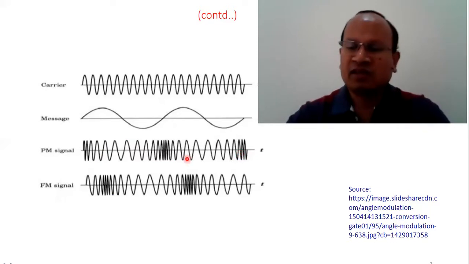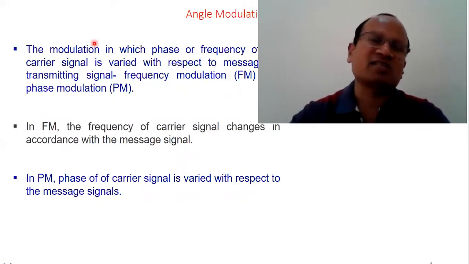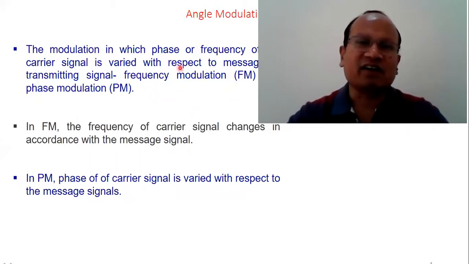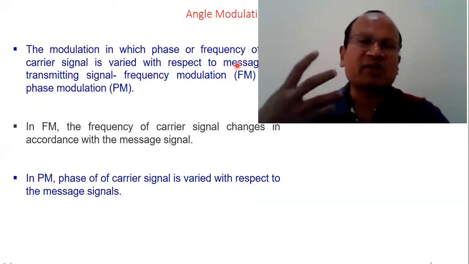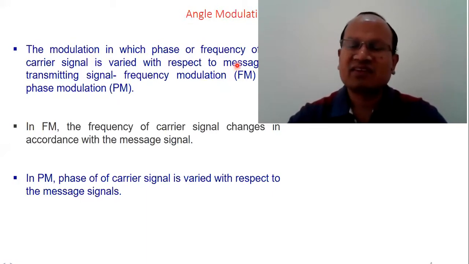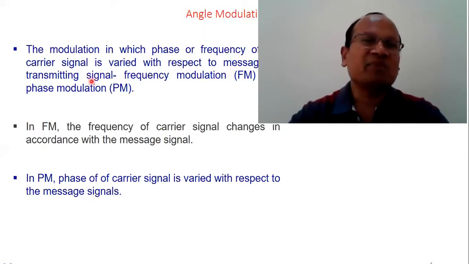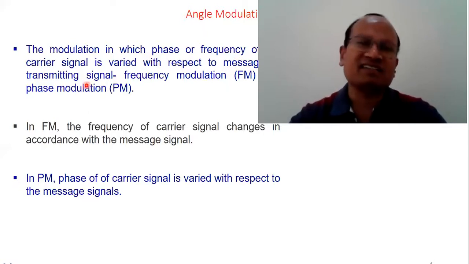All right. And therefore, angle modulation is the modulation in which, let's define formally, either the phase or the frequency of the carrier signal changes in accordance with the message or transmitting signal.